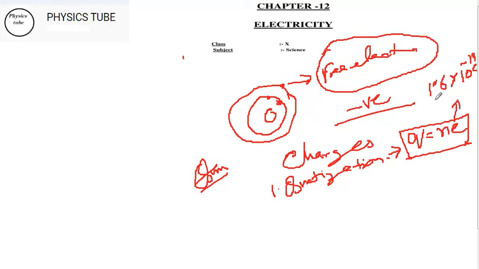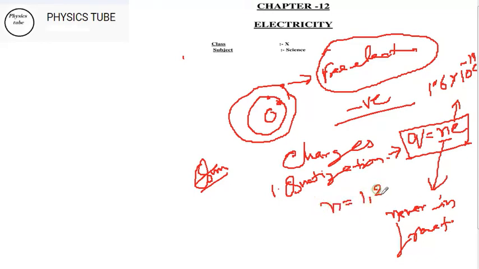Now you may ask me, this is a fraction. Yes, of course, you can consider that to be a fraction, but this n will never be a fraction. Please remember this. n is equal to 1, 2, 3, and so on, all integers.